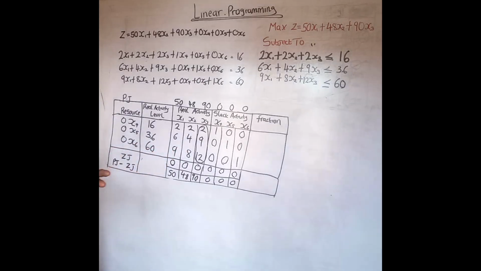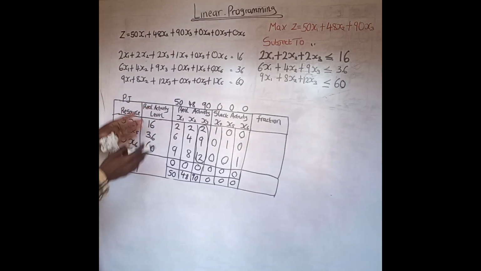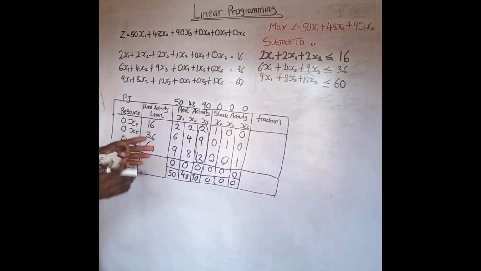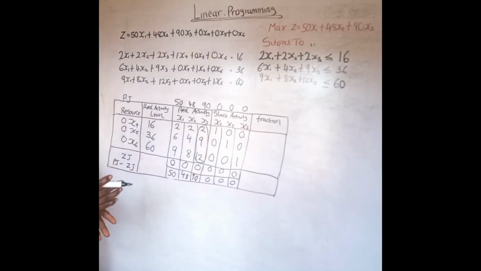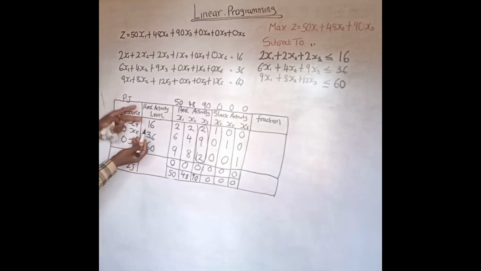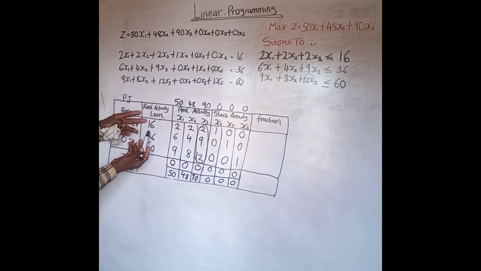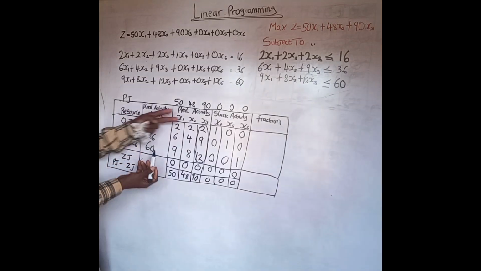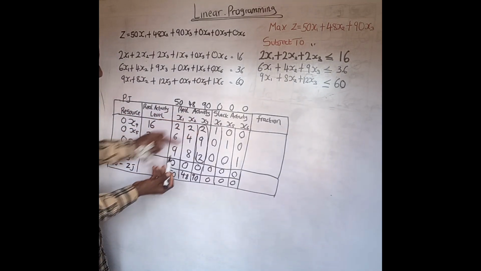In order to get my key row, I will have to divide the real activity level by the corresponding element in my key column. Then after getting my key row, the elements that intersect both the key row and the key column will be my key elements. Kindly follow me carefully. This is the real activity level. I have 16 here, and the corresponding element is 2.